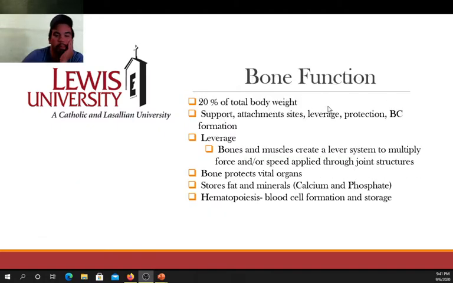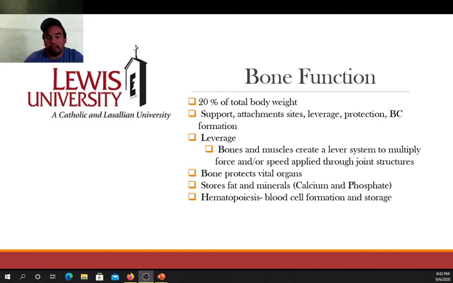So bone. Bone is 20% of our total body weight. Its job is to support the weight of the body, to provide attachment sites, to create levers within the body, to protect organs, and blood cell formation.